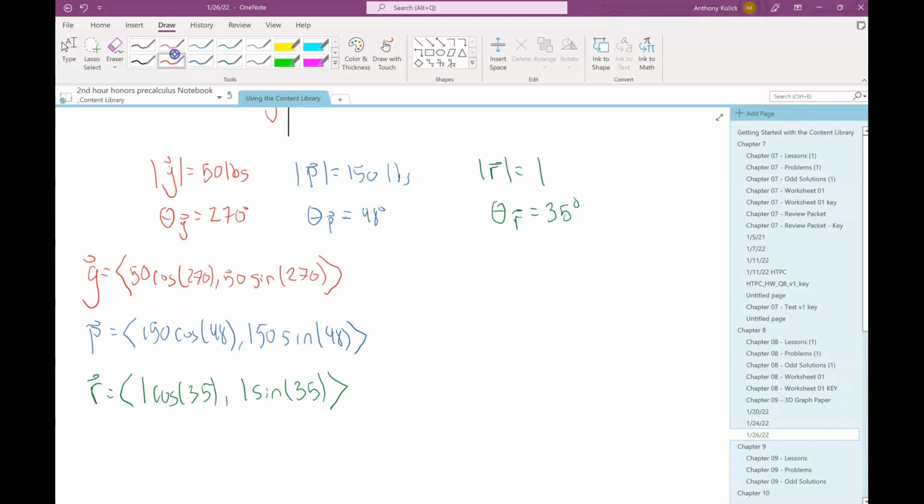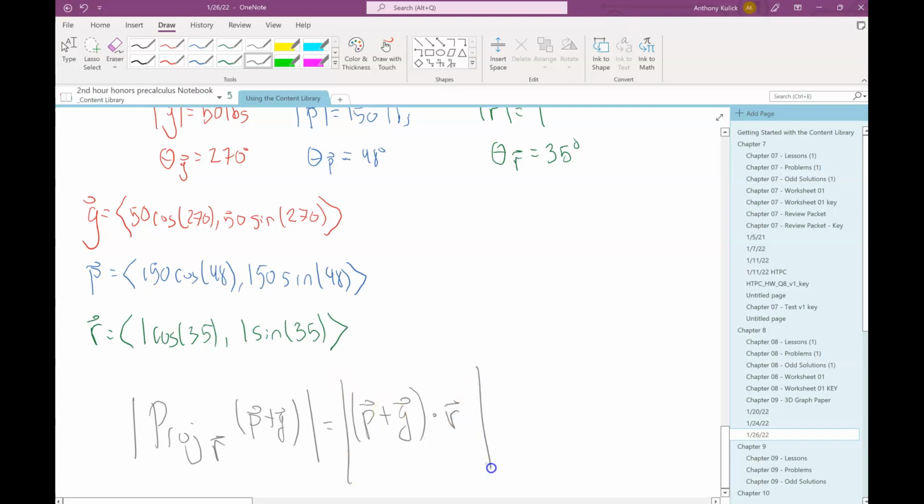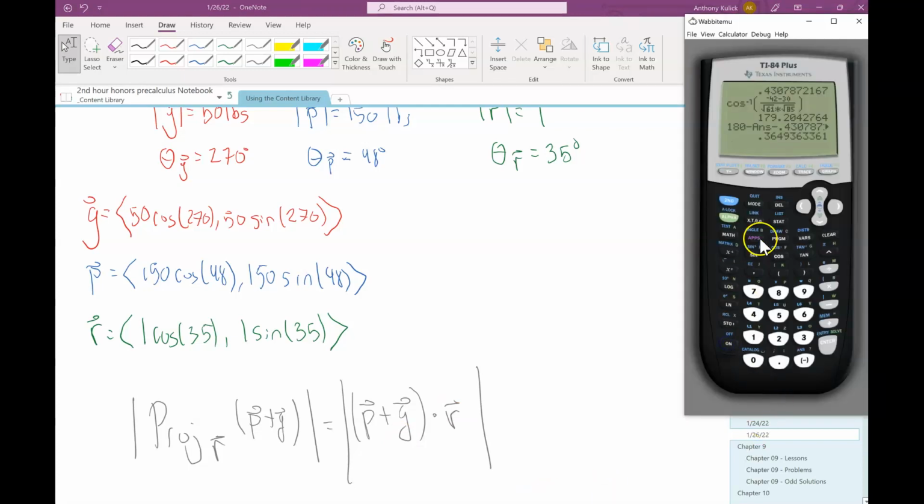Now, really what we want for this problem is the magnitude of the projection of P plus G onto R. Since R is a unit vector, this really just becomes the absolute value of P plus G dot R. So let's just do that on our calculator.